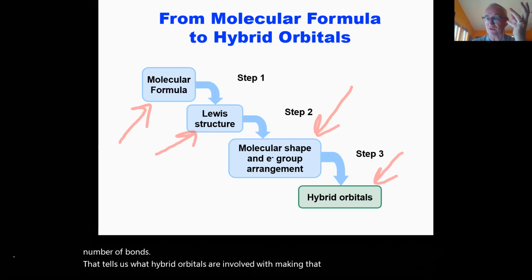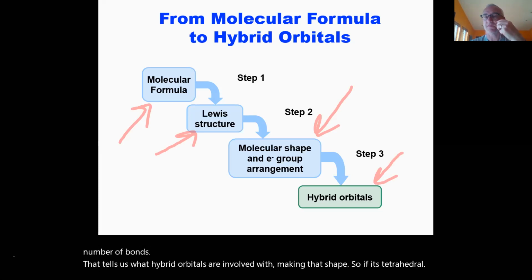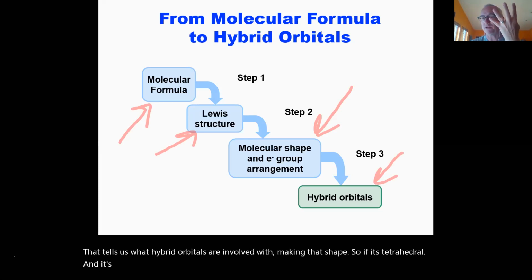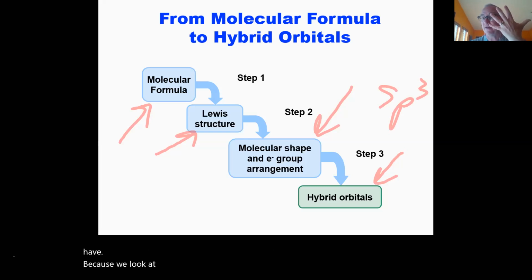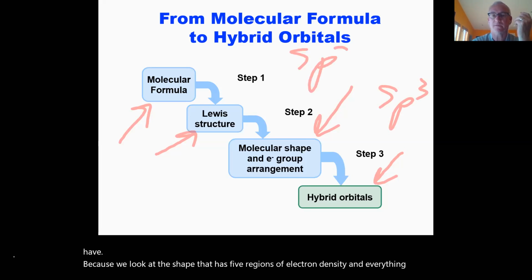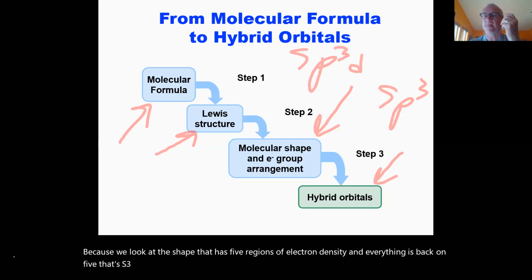So if it's tetrahedral and we have 4 regions of electron density, that tells us we have sp3. If we look at the shape and it has 5 regions of electron density, sp3 only gives 4, so it must have a d in it. And that's how we work out the orbitals.